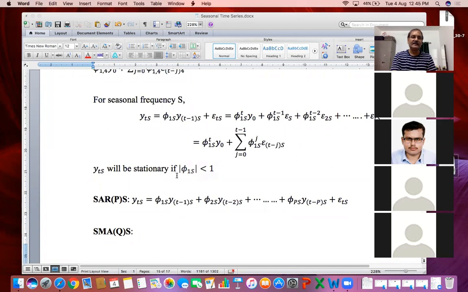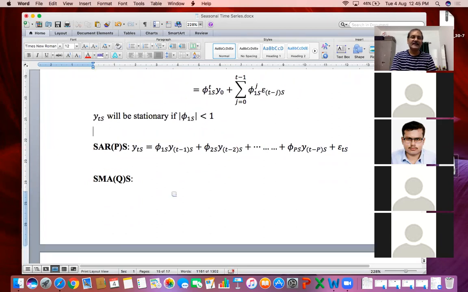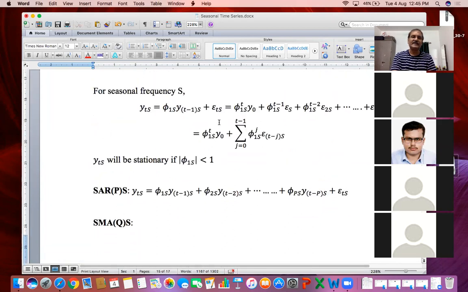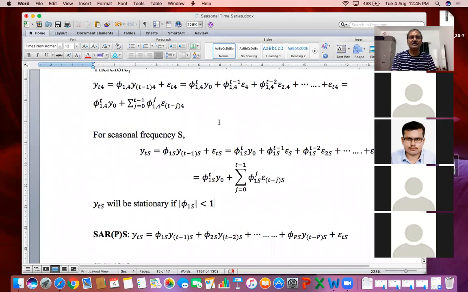Now you can generalize the expression for seasonal autoregression of order P. So up to this, we have restricted to SAR1. Seasonal autoregression of order 1 can be looked at in this way to find out whether it is stationary or non-stationary.